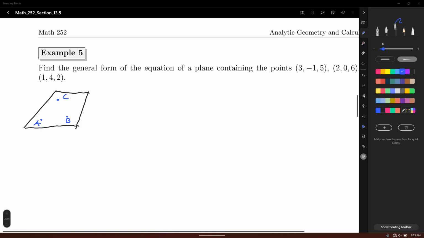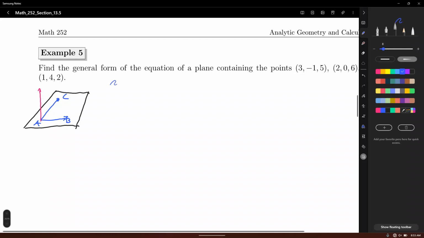All right, so to get this normal vector, we have enough information. That is, the vector that goes from A to B and from A to C. We define those two vectors. Their cross product is going to be a vector that would be orthogonal to that plane, right? And that's going to be the direction vector for the plane, which will be the coefficients of x, y, and z in the equation. Okay, let's get to it.